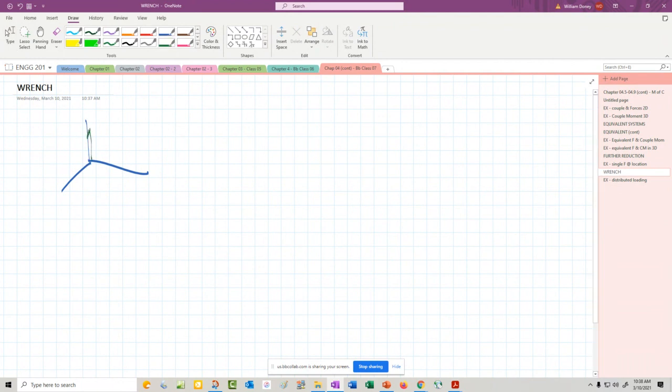Let's say I have a moment that spins like this. A resultant moment O spins like that. That would be the positive direction using your right hand rule. Spin our fingers, stick our thumb up. There's my wristband. So there's the moment axis. There's the plus moment direction.